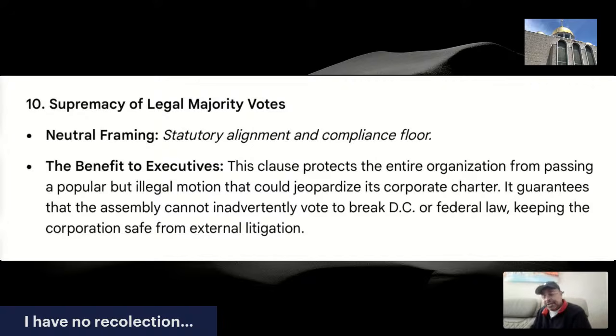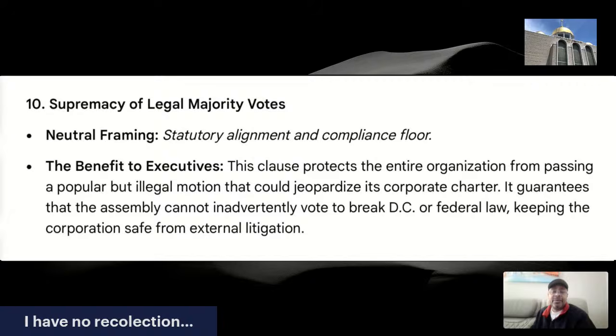But it starts with putting things in place that will keep people going forward, and it'll keep people protected when they go forward, so to speak. So this is your benefit to the executives.